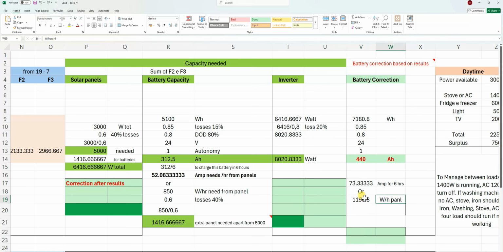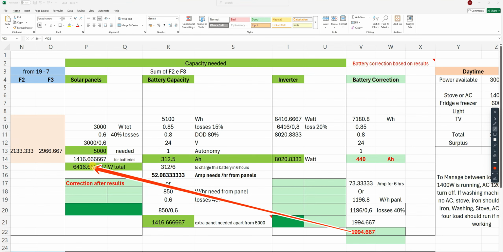But again, we have to consider the 40% losses, and then we have gotten 2000 watts. So we have to add 2000 watt in our system. Let me show you in this system, to accommodate this new battery size.